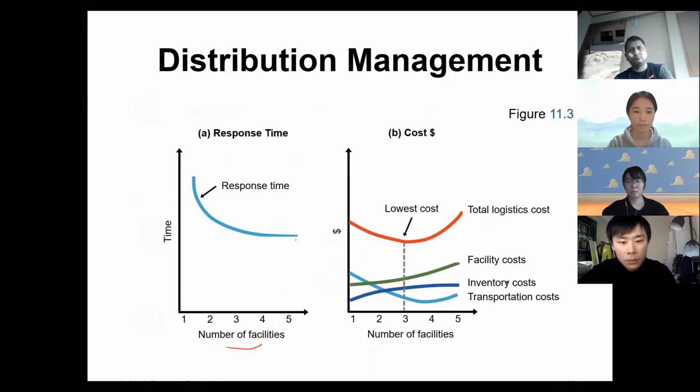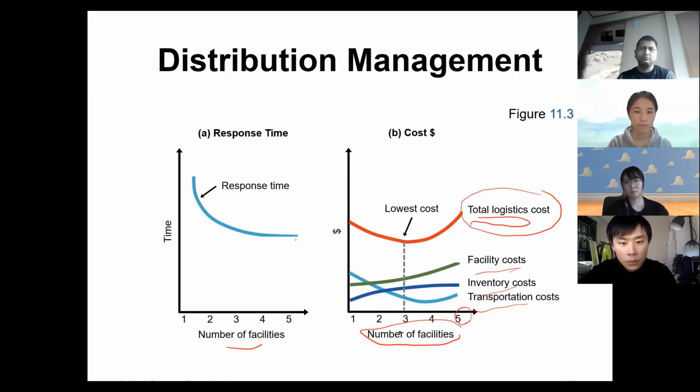Depending on your facility costs, inventory costs, and transportation costs, you can find your total logistics cost. If you have too many facilities, the total logistics cost is very high. So what is the minimum logistics cost?